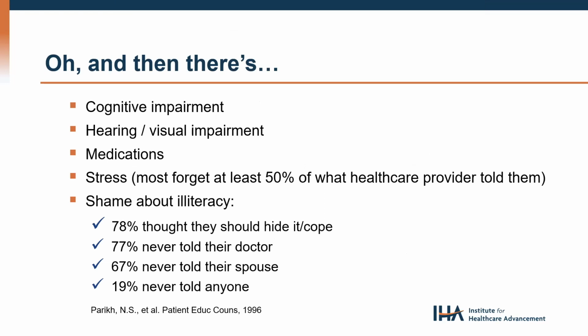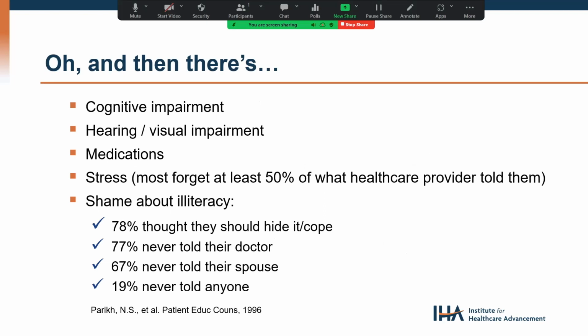There's visual and hearing impairment, all these barriers to communication. Stress: the statistic is that most people forget about 50% of what the healthcare provider told them the minute they walk out that door. And then here are some statistics about shame, which is a powerful motivator around illiteracy.